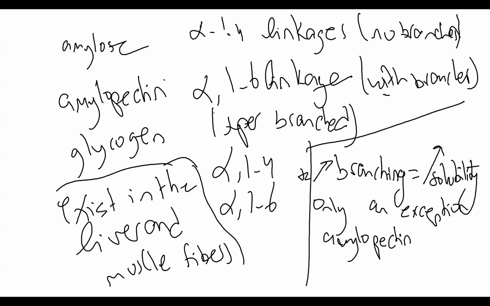Amylopectin has branches, but has low solubility. So this might come as a trick on the IMAT: high branching means high solubility? No, it's an exception. It has a low solubility but some branches.